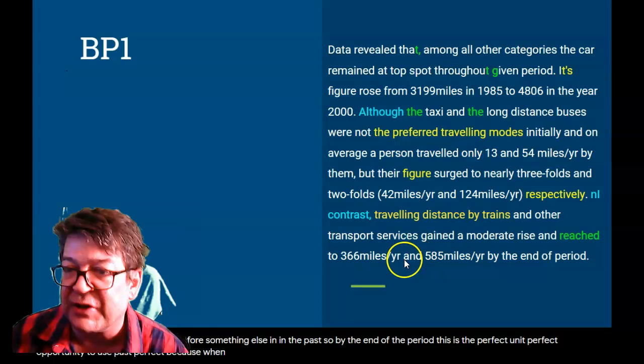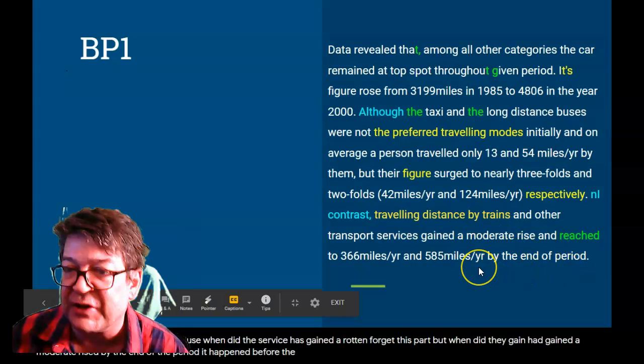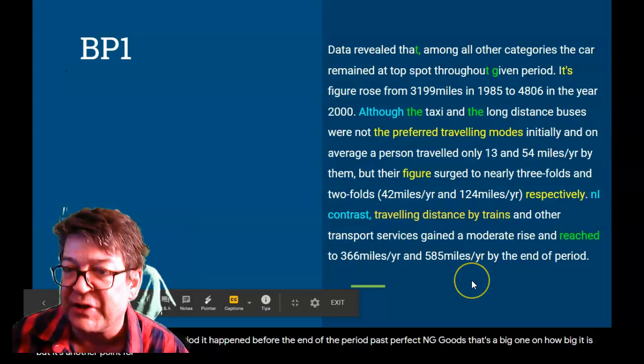Because when did the services gain a rise? Forget this part, but when did they gain? "Had gained a moderate rise by the end of the period." It happened before the end of the period. Past perfect. That's a big, well, I don't know how big it is, but it's another point for you in grammar.